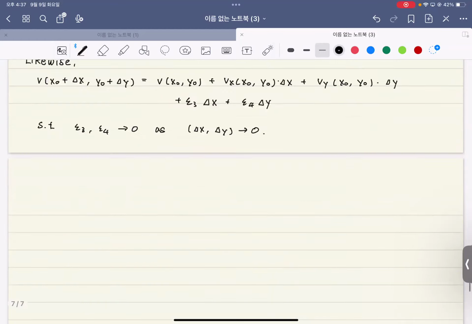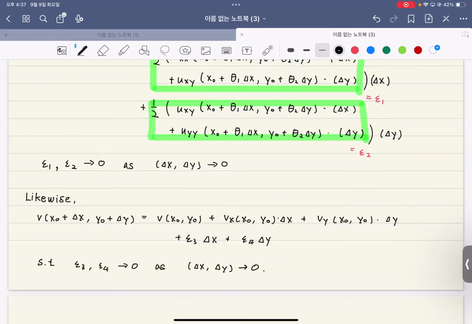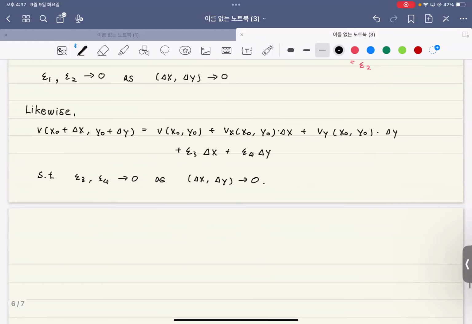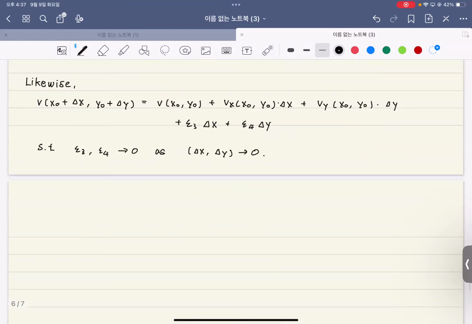Okay. All right. Now finally, we are ready. Now we need to consider this difference quotient: f(z0 + delta z) minus f(z0), everything divided by, just forget about the denominator for a while.